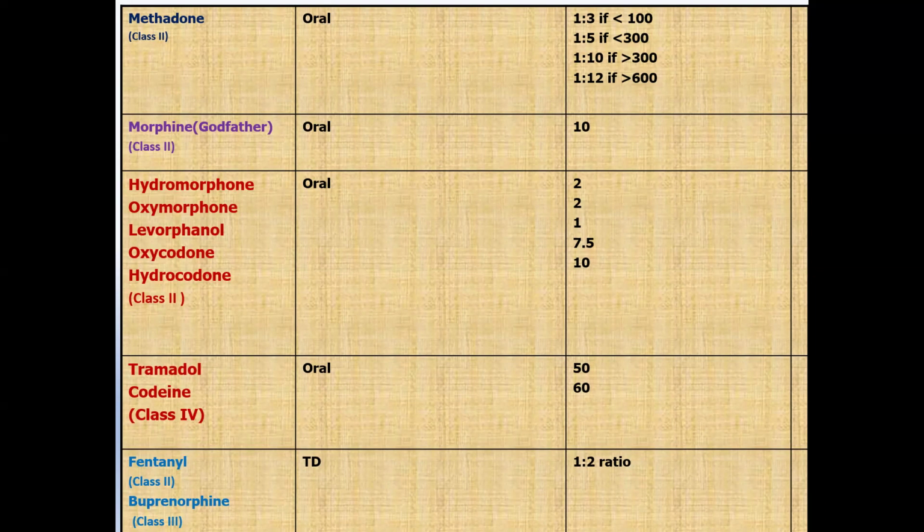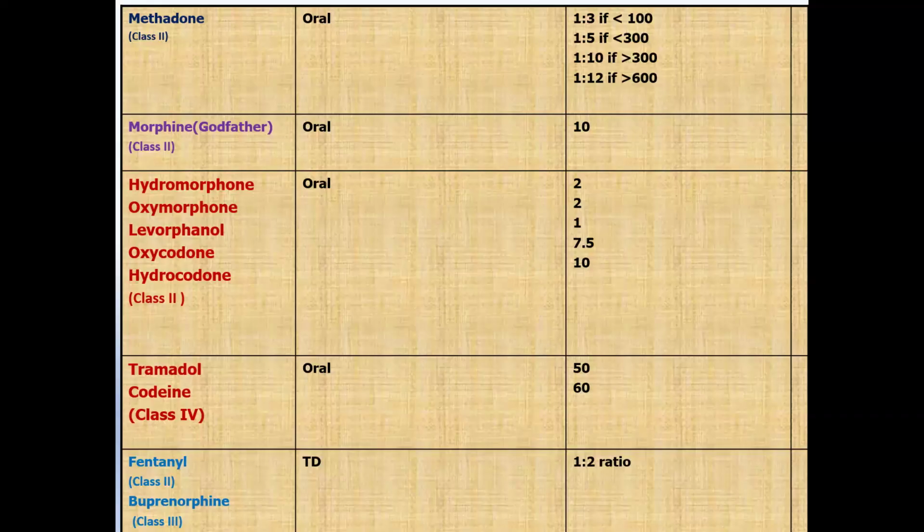Also, we have another category, the patches. And then you have the rest of the opioids. So we have three groups: methadone, patches, and others. Remember this because the patches also have special conversion formulas.